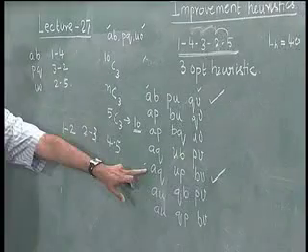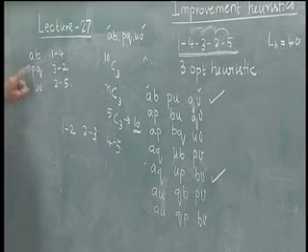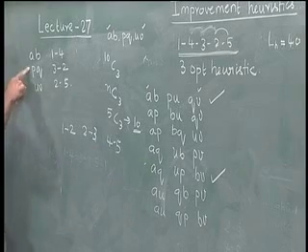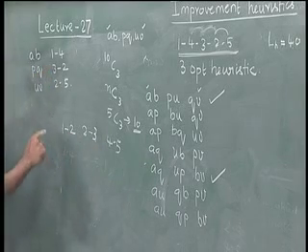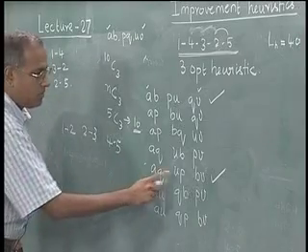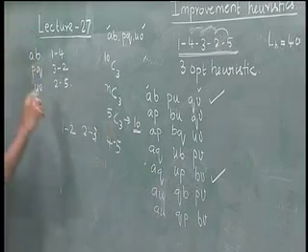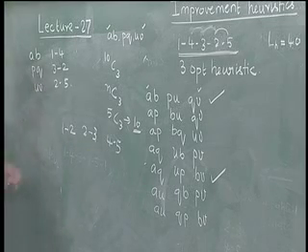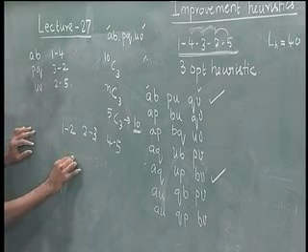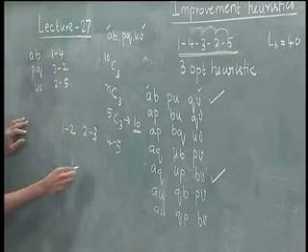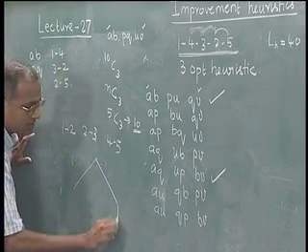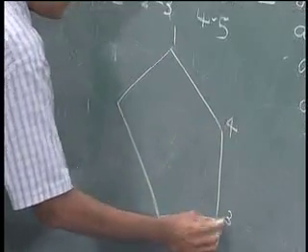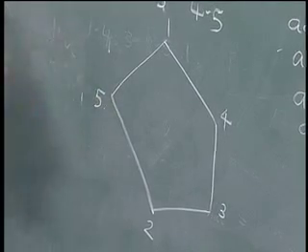So, AQ, UP, BV: AQ is 1,2, UP is 2,3 and BV is 4,5. So, now what do we have? We start with 1,2. So, what it means is we have 1,4, 4,3, 3,2, 2,5, 5,1.